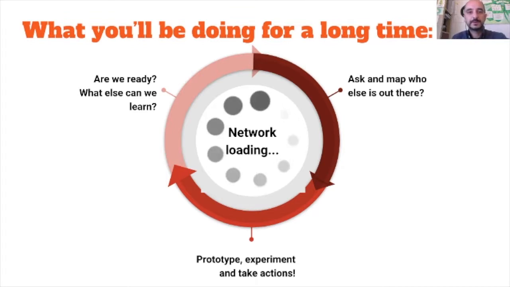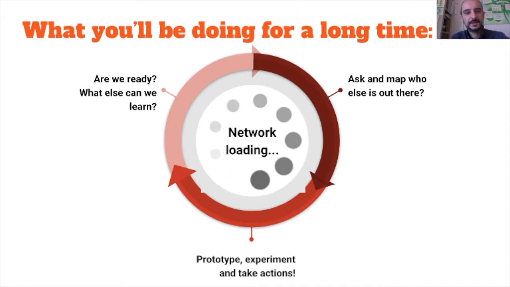So I'll conclude this part with an image that I want to share with you. Something that I feel we will be doing for a long time, which is we're going to be, I'm going to say, stuck in the loop of these first perennial grass stages, and it's a loop of asking ourselves, are we ready to take the next step?